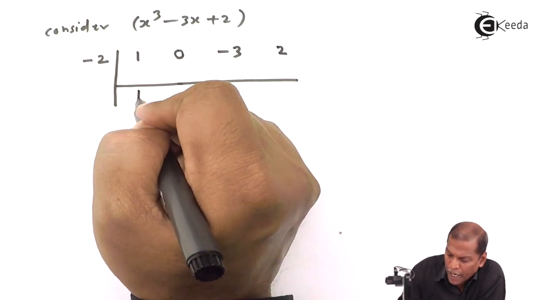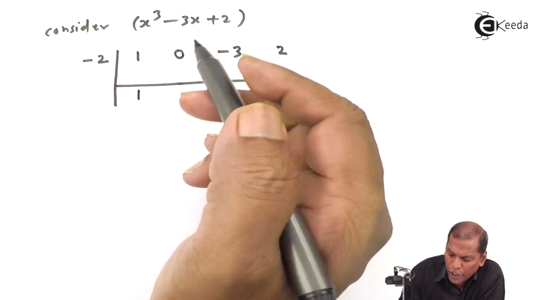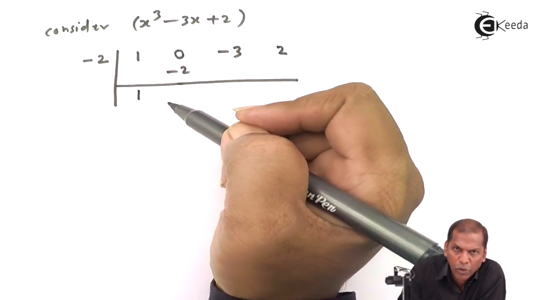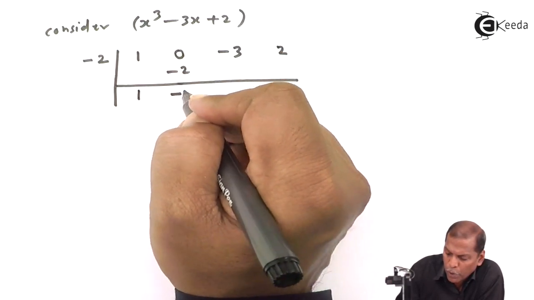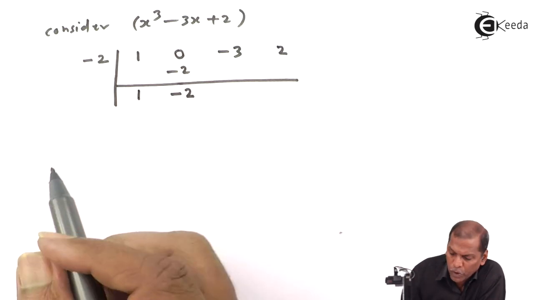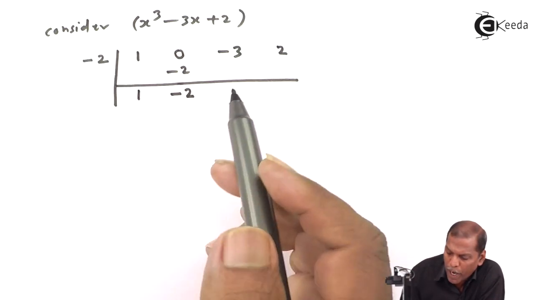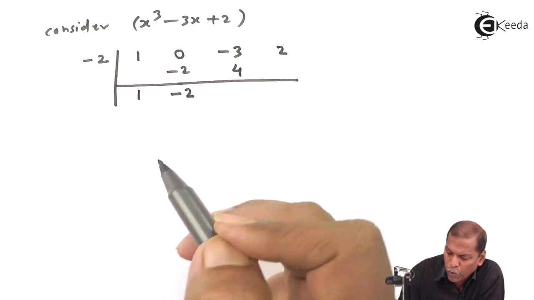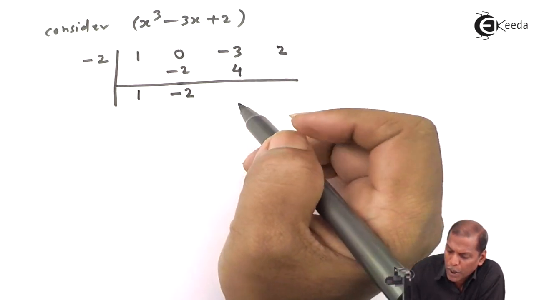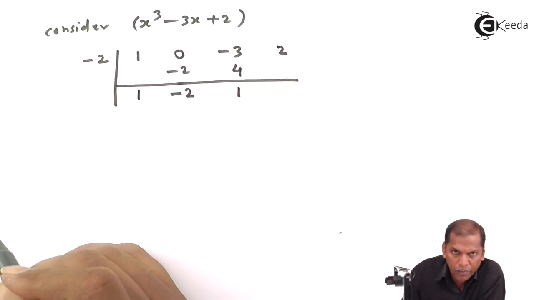First term 1 we write as it is, then minus 2 into 1 we get minus 2. Minus 2 plus 0, so we get minus 2. Now minus 2 into minus 2 we get plus 4. Then 4 minus 3 gives us 1.